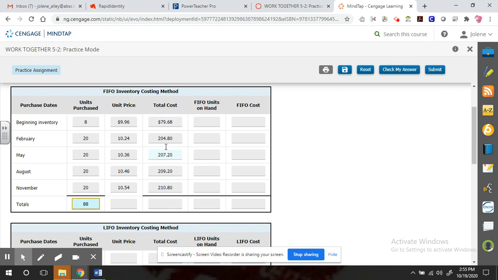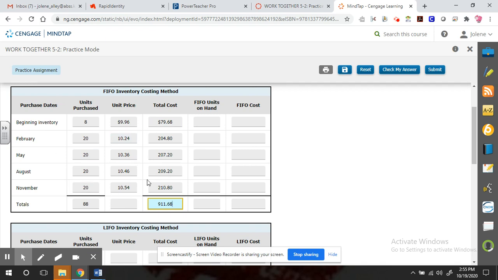Total cost of all of these watches, so we have to add these up, and I have $911.68. So we had all of this for the year.